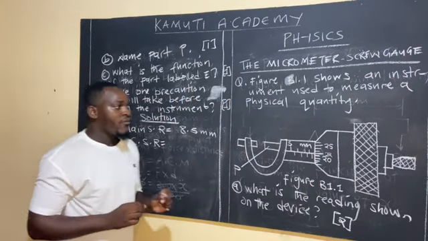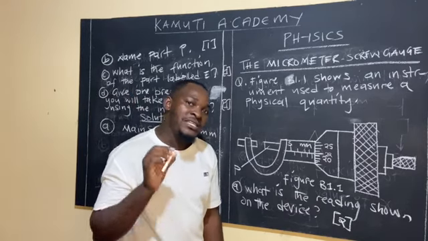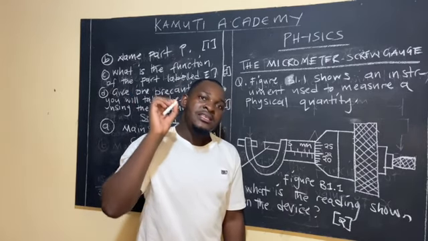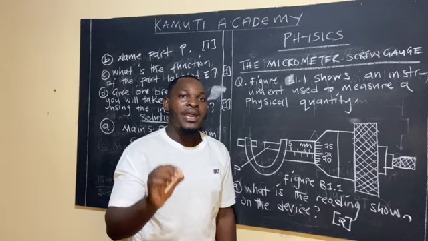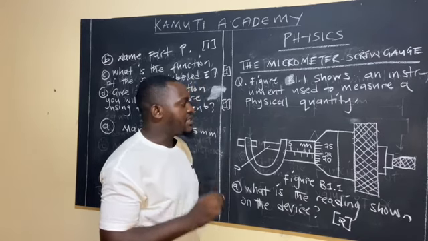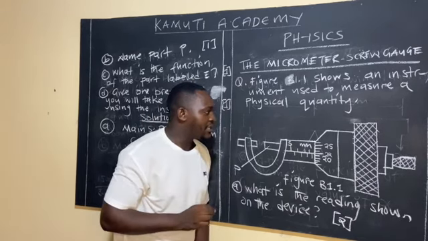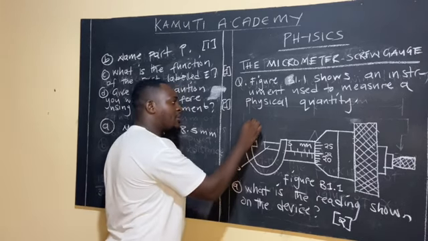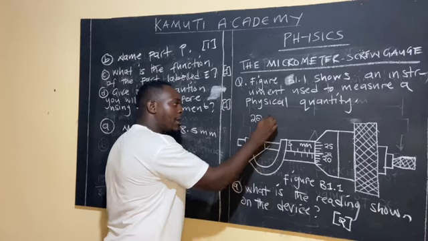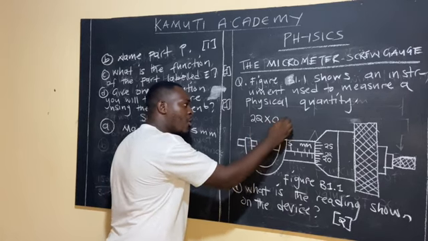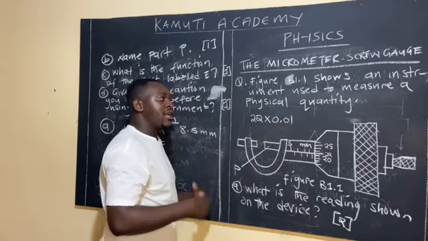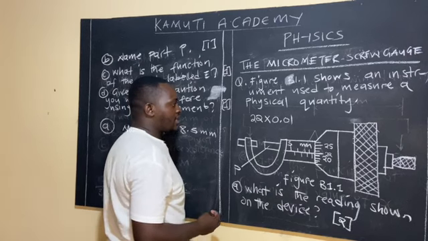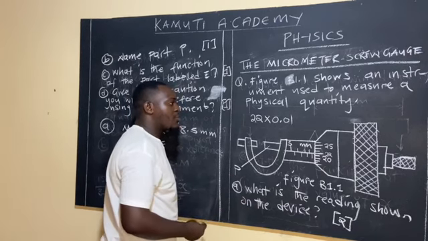But every time you are getting a measurement from the circular reading, multiply it with the accuracy. Now, what is the accuracy of the micrometer screw gauge? The accuracy is 0.01. So we found our reading to be 22, but you multiply it with 0.01 in order for you to get the final answer. So what is 22 multiplied by 0.01?